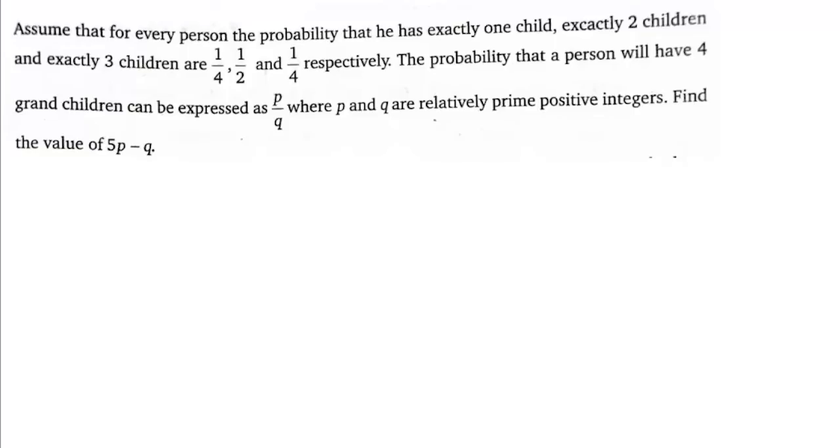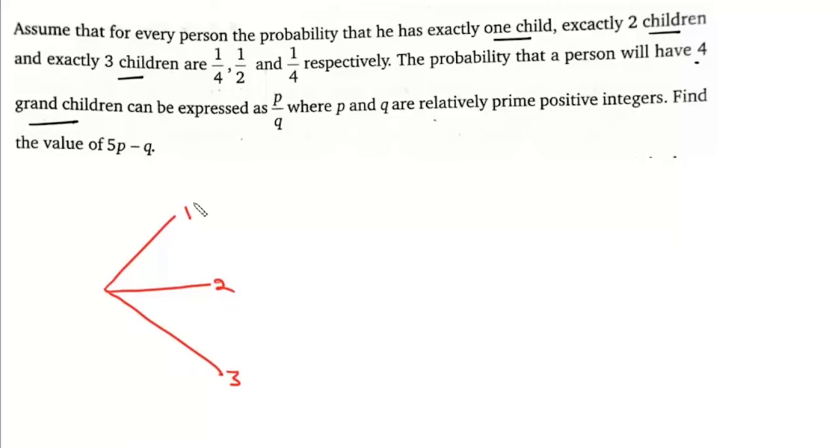Now here the question is, assume that for every person, the probability that he has exactly 1 child, 2 children and exactly 3 children are 1/4, 1/2 and 1/4. The probability that a person will have 4 grandchildren can be expressed as P upon Q. Then find the value of 5P minus Q. Now this person can have either 1 child or 2 children or 3 children.